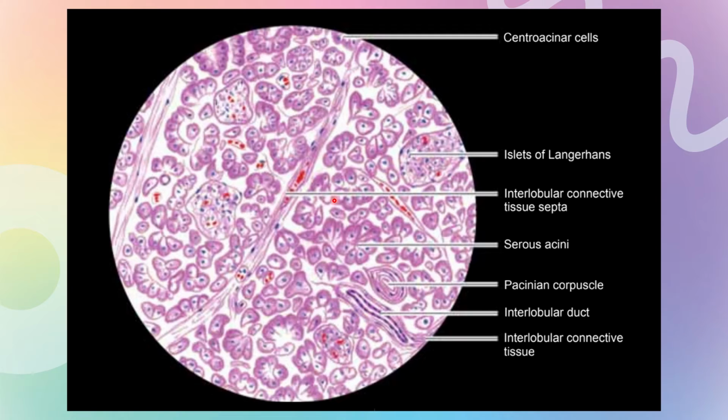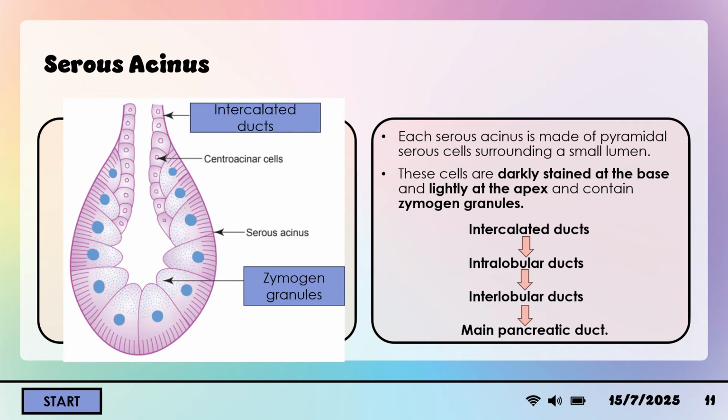Now we'll first jump into one serous acinus. The exocrine part of the pancreas formed by serous acini is arranged into many lobules. The lobules are separated by interlobular septae of connective tissue, which carry the neurovascular structures and ducts. So we'll jump into one acinus here. Each acinus consists of pyramidal cells.